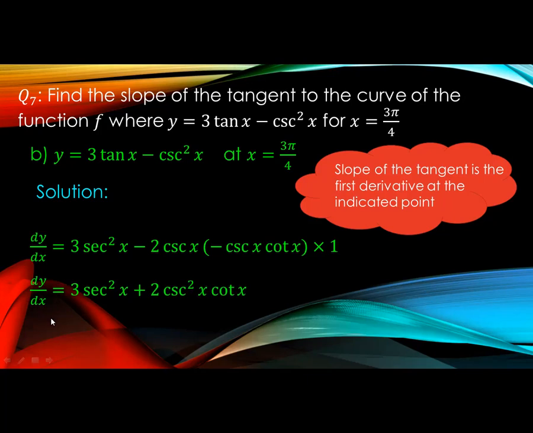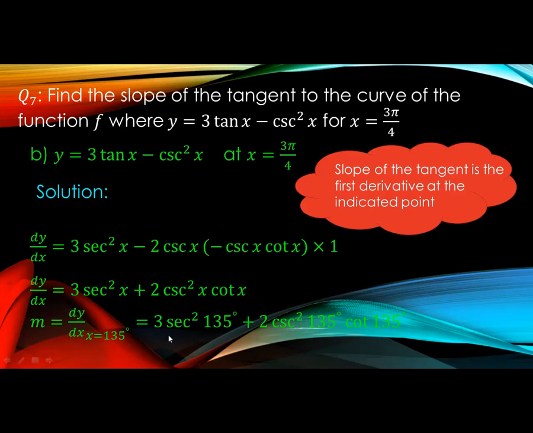dy by dx equals 3 sec square x plus 2 cosec square x cotan x. It is the final result for the first derivative of the given function. To find the slope, we label it by letter m, and we know the slope is the numerical value of the first derivative at x equal 3 pi over 4 in radian measures, that is equivalent to 135 degrees.